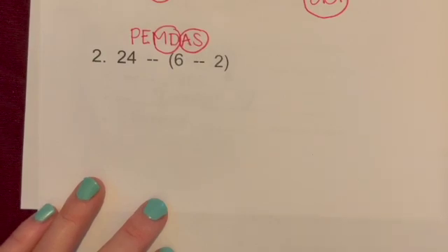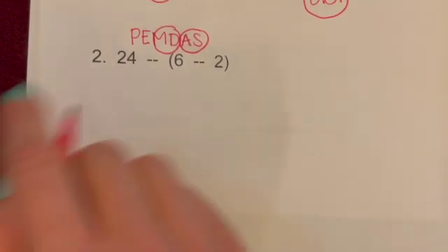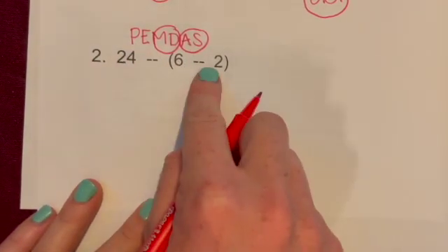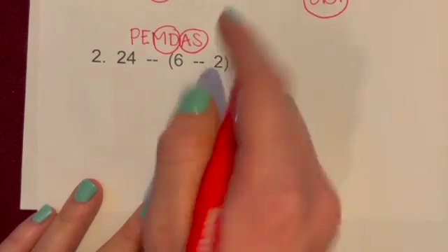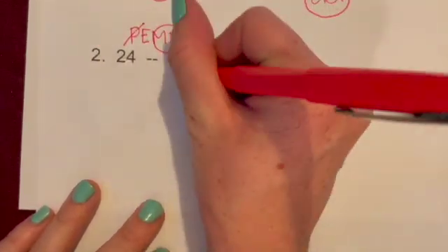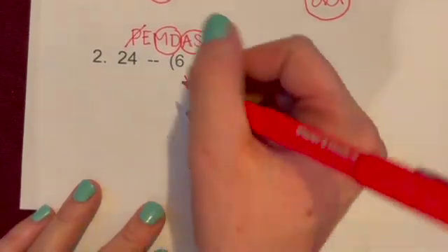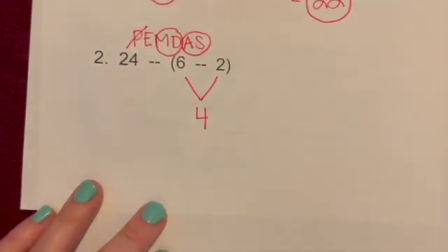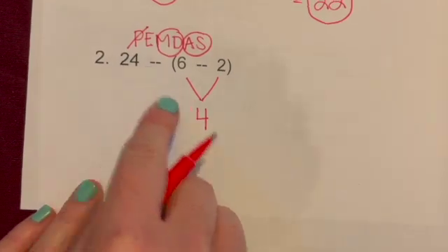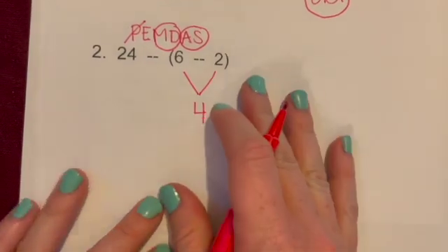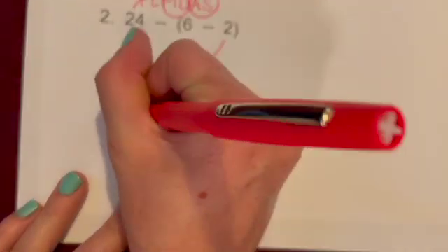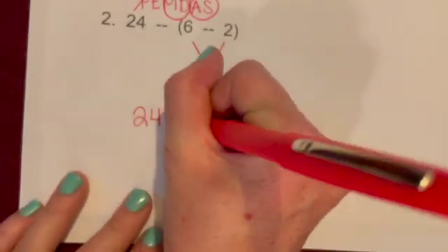Now I need to cross off as I go. So I start with P, I look for parentheses. I found parentheses right here. So I need to cross off my P, make my caret, and solve. 6 minus 2 is 4. Now I have 24 minus 4. I need to rewrite it. 24 minus 4.